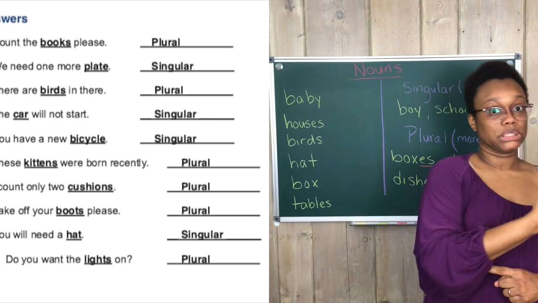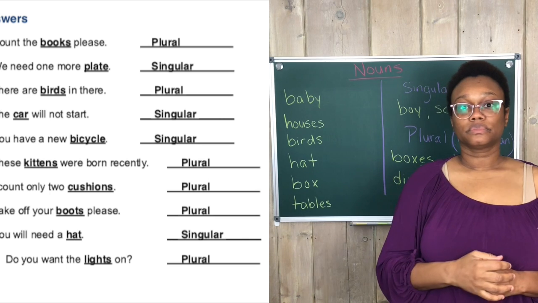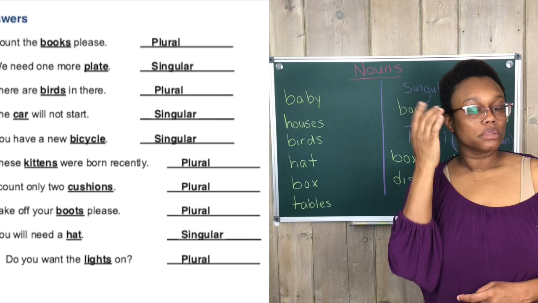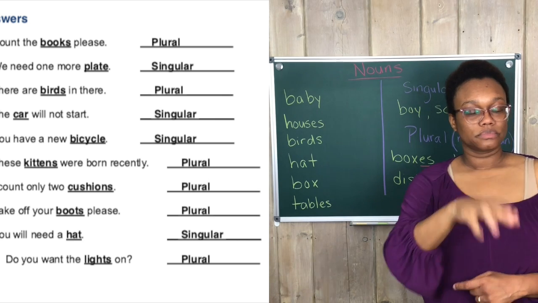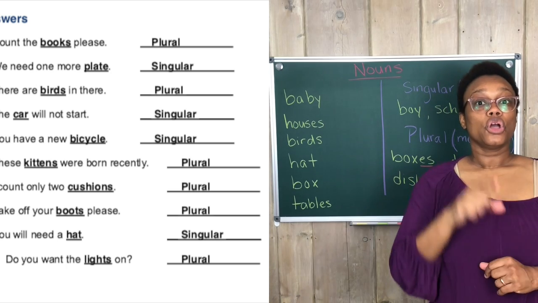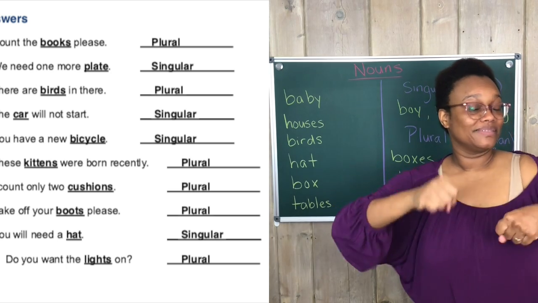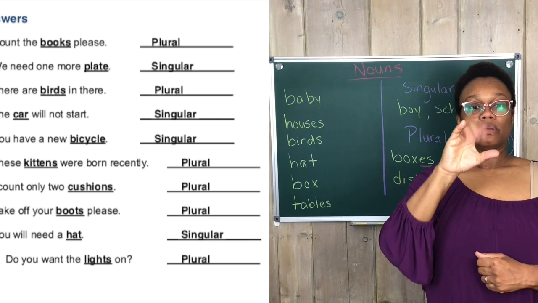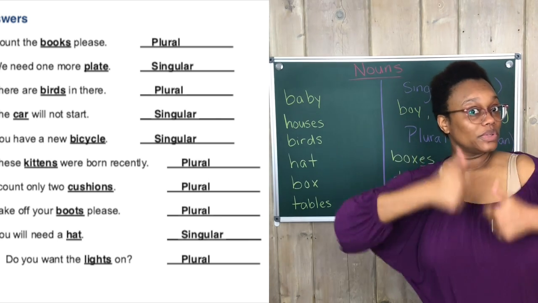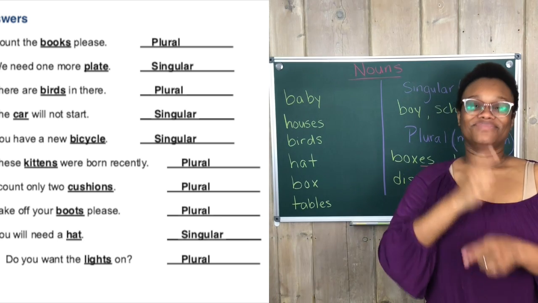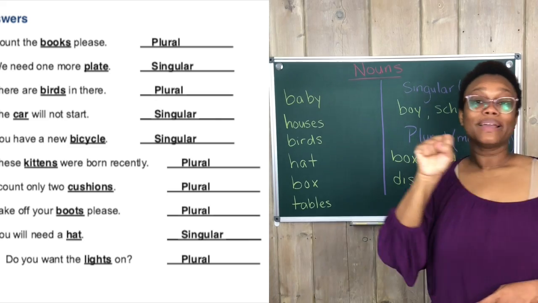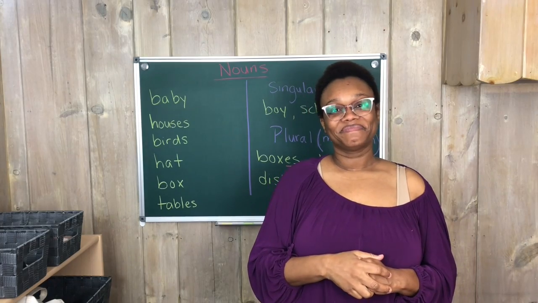Car, C-A-R, is that singular or plural? You're right, it's singular. Why? Because it doesn't end in an S. Number 5. You have a new bicycle. Now, bicycle, B-I-C-Y-C-L-E, singular or plural? You're right, it's singular. Why? Because there's no S or ES at the end of the word.